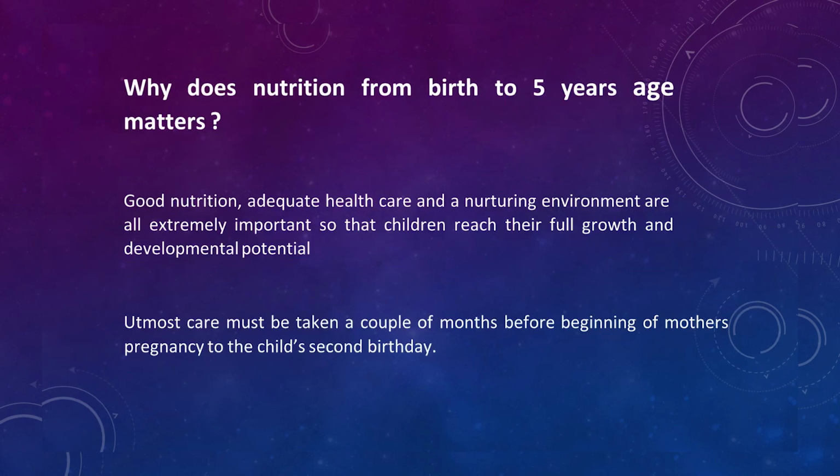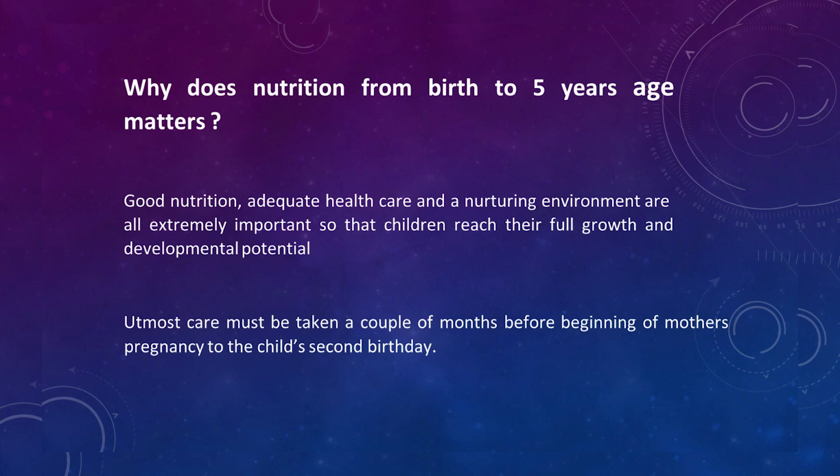Now, why does nutrition from birth to 5 years of age matter? Good nutrition, adequate health care and a nurturing environment are all extremely important so that children reach their full growth and developmental potential. Utmost care must be taken from a couple of months before the beginning of the mother's pregnancy until the child's second birthday.